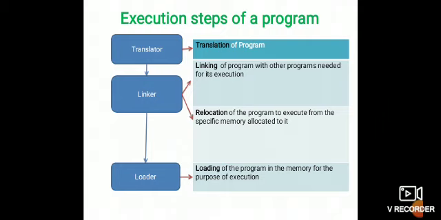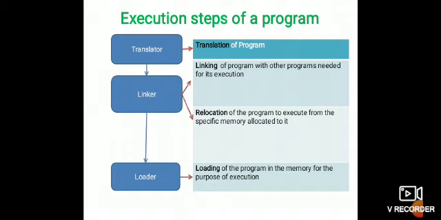Execution steps of a program. So this is the first structure, where we have three blocks: translator, linker, loader. These are all software. The translator translates the program, and the linker does two functions.